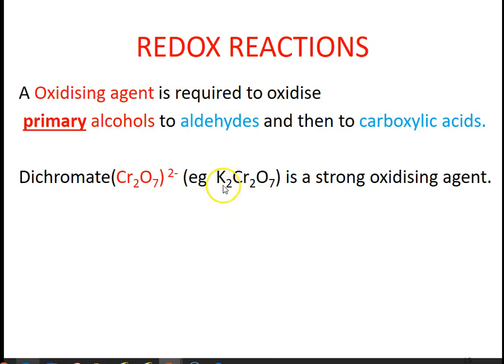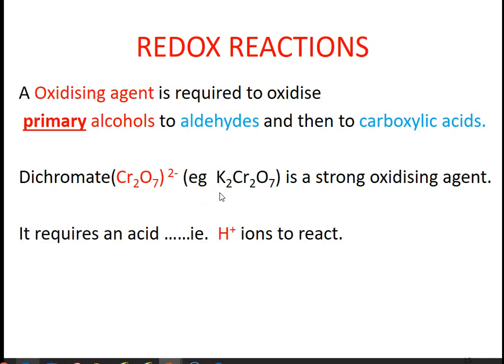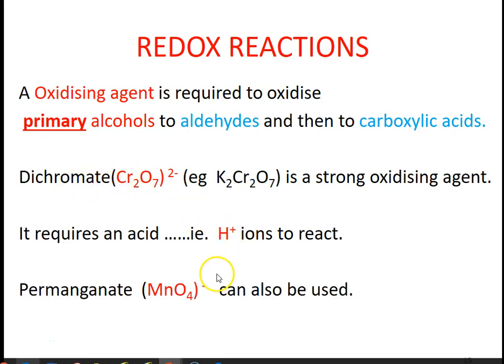It could have something attached to it, a metal, so potassium dichromate. And it needs a catalyst, a bit of help to get the reaction started, so hydrogen ions. So it needs to be in an acidic solution. So you can write acidified dichromate, something like that, or just say that hydrogen ions need to be present.